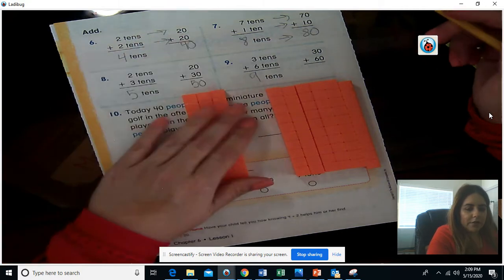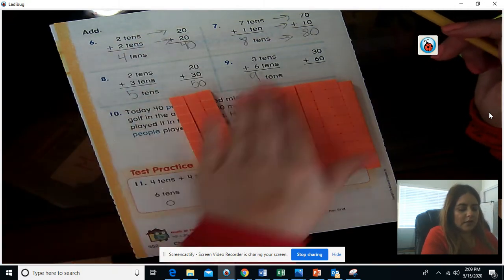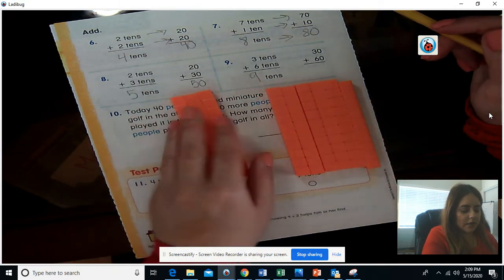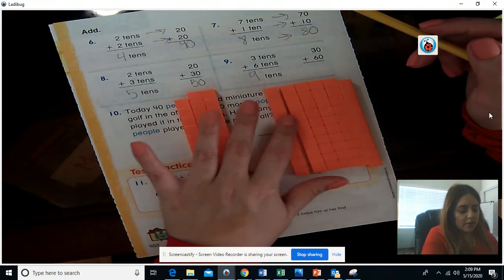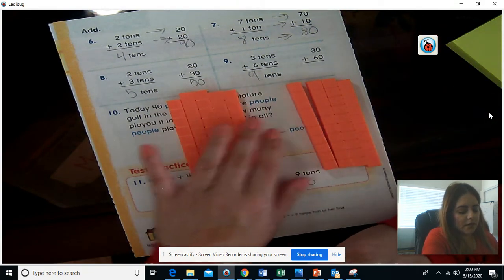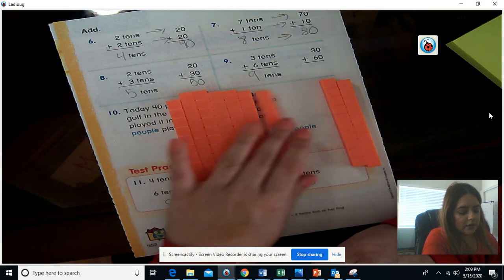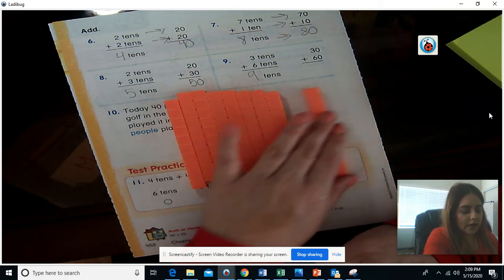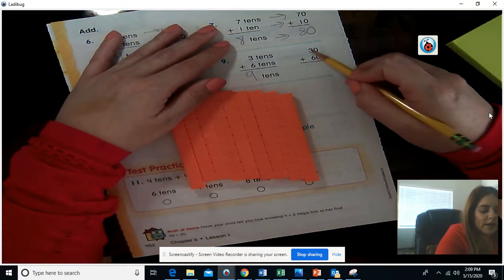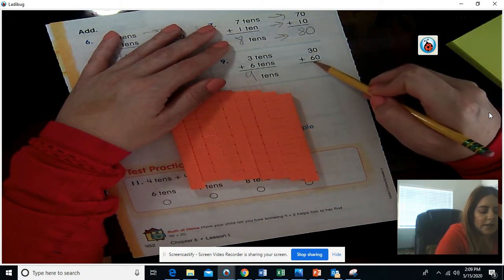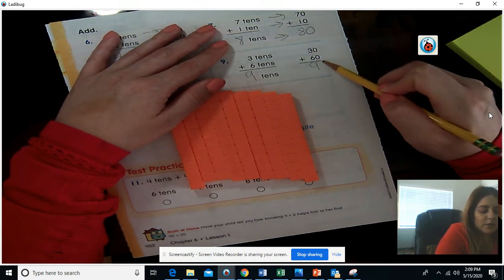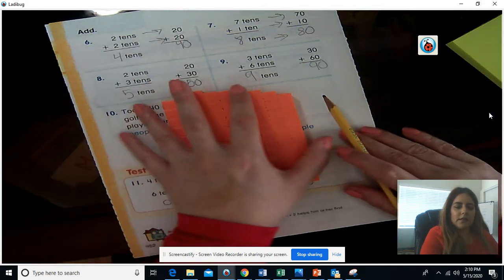And then we have 30 plus 60. So we can either say 30, 40, 50, 60, 70, 80, 90. Or we can add the numbers. 3 plus 6 is 9. 0 plus 0 is 0. And we get the same answer.